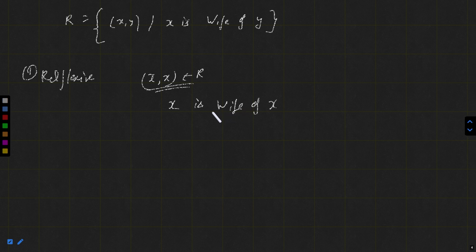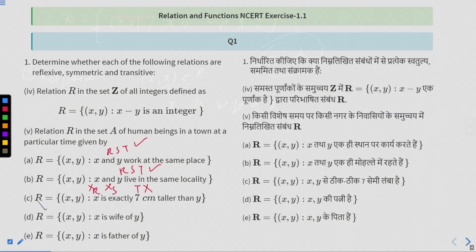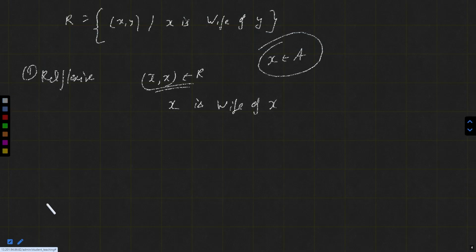No, because if you take any x in A, what was the set A? A is any human being in a town at a given particular time. So if I take x as a male, a male is not going to be the wife of itself, and no person is the wife of itself.